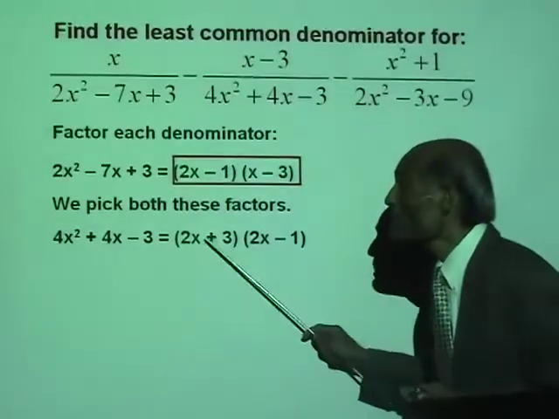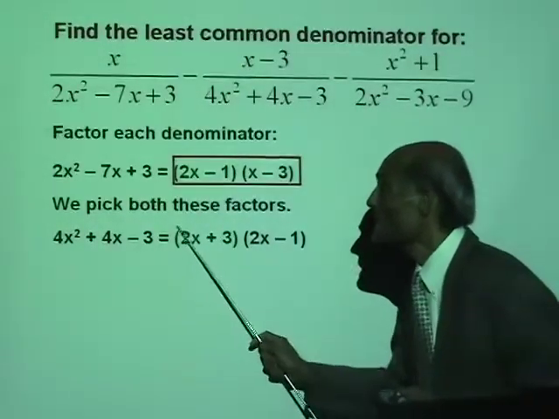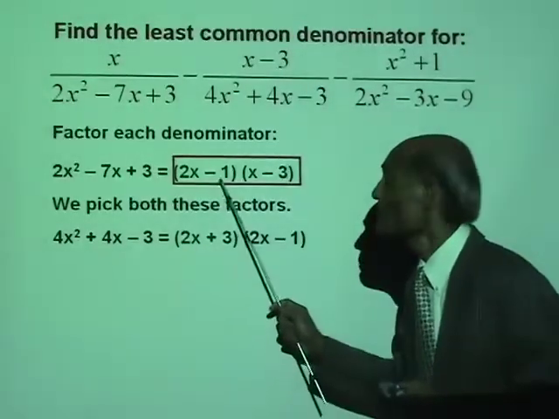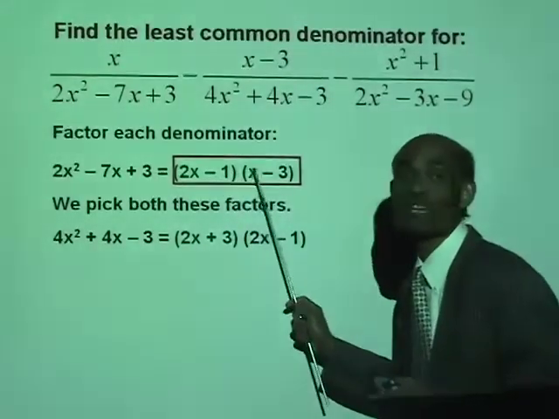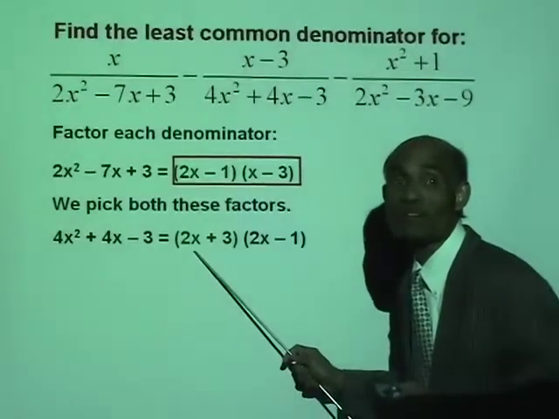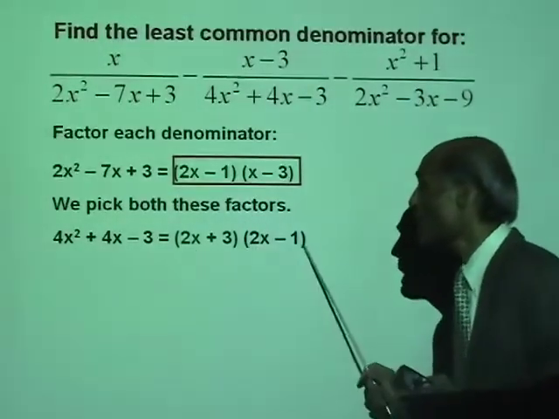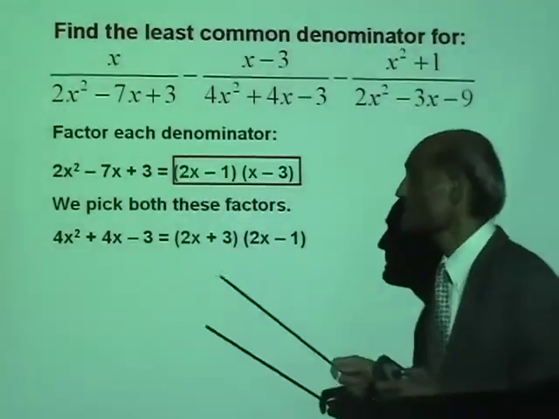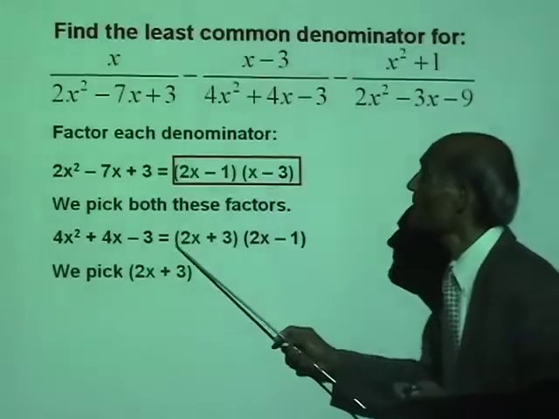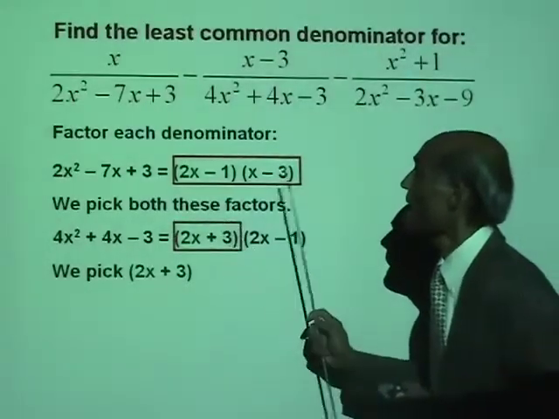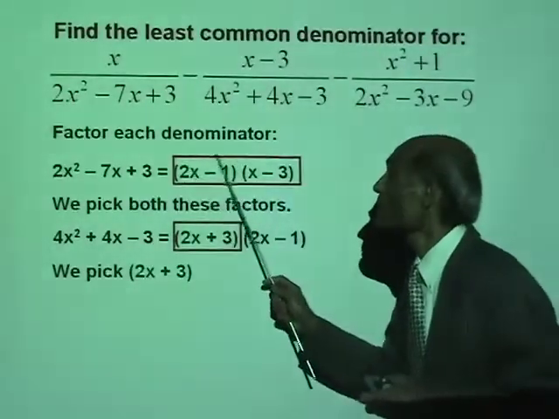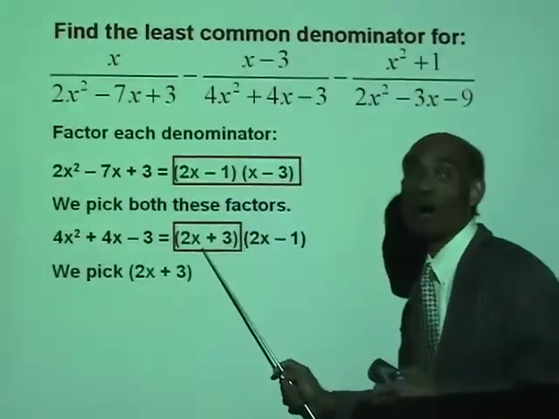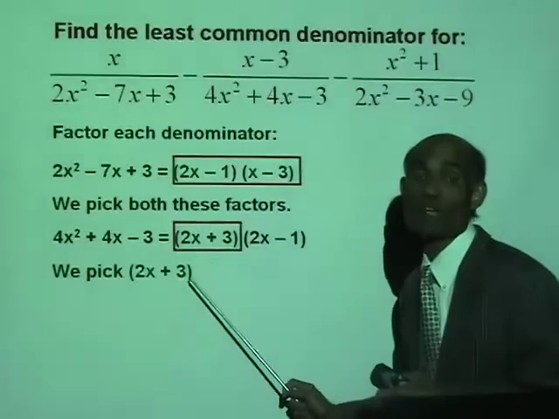Now, when you come to the next one, you say 2x plus 3. Do you need to pick it? We haven't picked a 2x plus 3 here. That means we need to pick it. How about the 2x minus 1? No, we don't need it because we have already picked it. So we will pick that 2x plus 3, and now we have picked 2 factors from the first denominator and 1 factor from the second denominator.